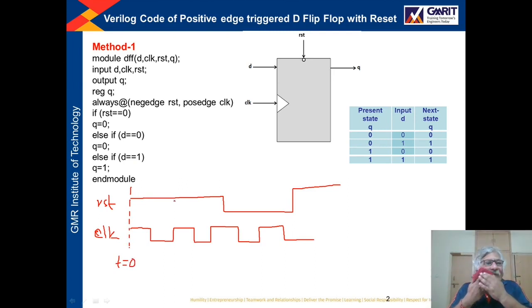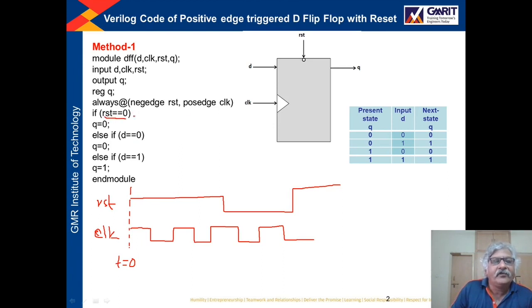Now once the negative edge on the RST or the positive edge on the clock is detected, then first this condition is evaluated.